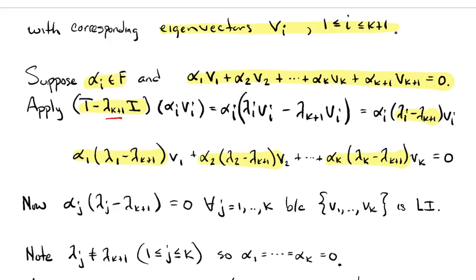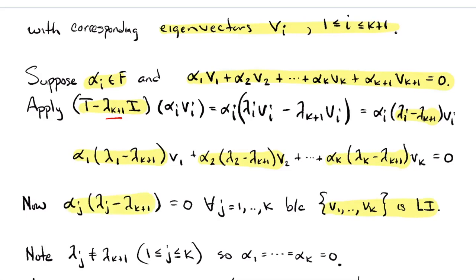So we get that new sum. But now v1 to vk, by the induction hypothesis, is a linearly independent set. So those coefficients, alpha j times those quantities, are all equal to 0 for j equal 1 to k because of the linear independence.